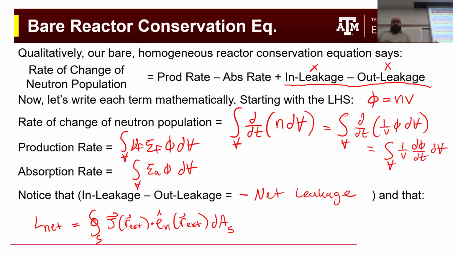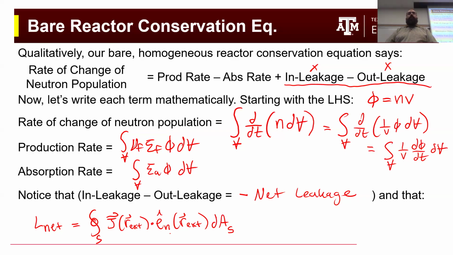At this point, we have expressions for every term, but there's a little issue, which is that the first three quantities in our equation are volume integrals, whereas this fourth quantity is a surface integral. So if we could clean this up a little bit, it would help our problem solving a lot.